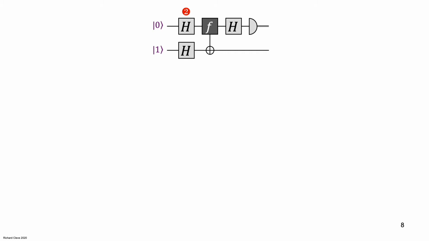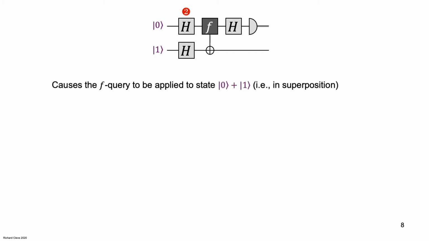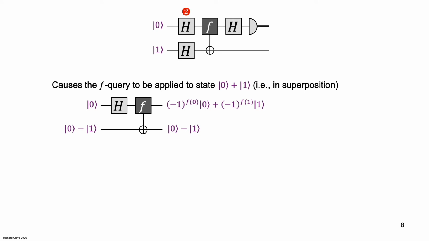That causes the first input qubit to the query to be in an equally weighted superposition of |0⟩ and |1⟩, namely the |+⟩ state. Therefore, the state of the first output qubit after the query is in a superposition of |0⟩ and |1⟩ with respective phases (-1)^f(0) and (-1)^f(1).